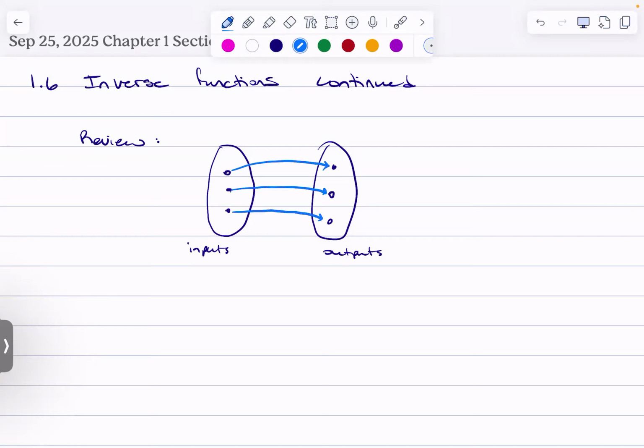It has to be 1-to-1. So then our f of x looks like this. It takes one input and it has to map to a singular output. Okay? So f of x must be 1-to-1 in order to have an inverse.